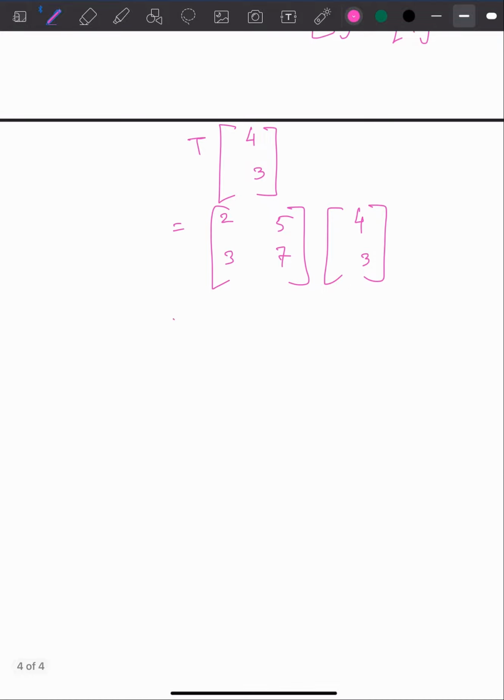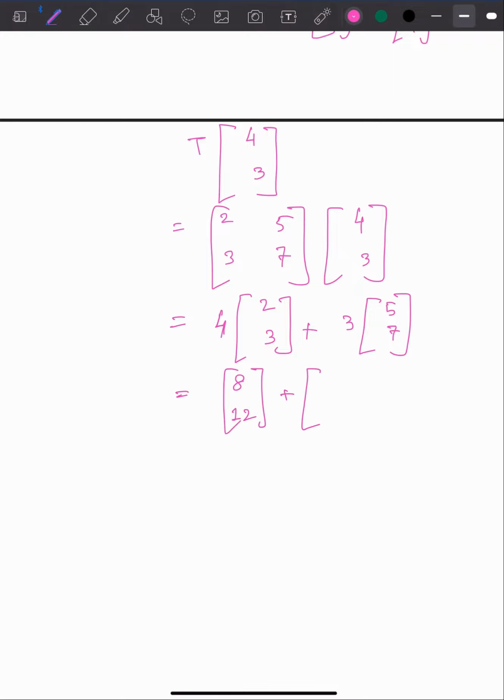This is just simple matrix multiplication, nothing else. 8 12 plus 15 21.